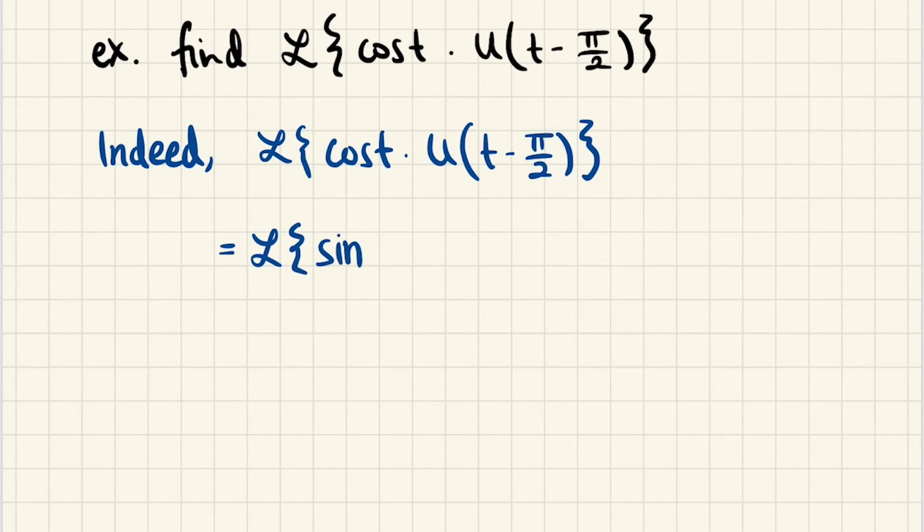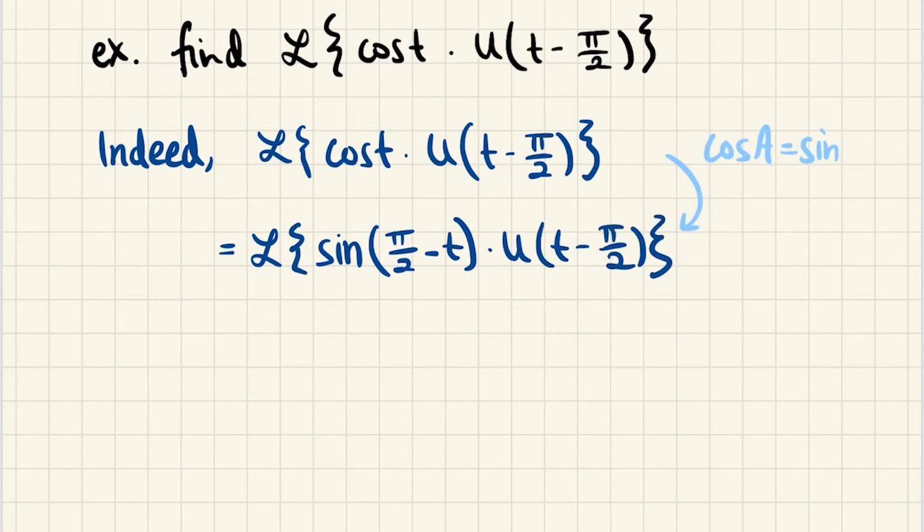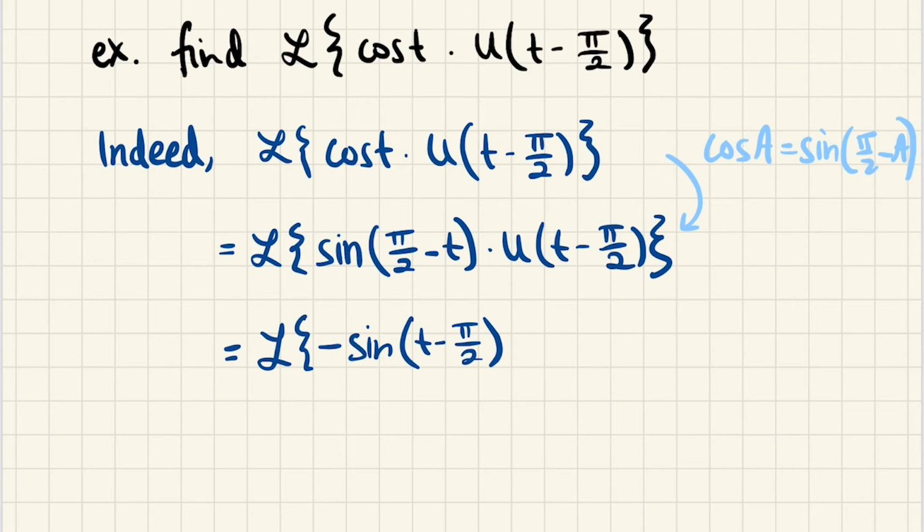So this is the cofunction identity in play here. And that's getting us a lot closer to where we need to be. But it's not quite perfect because again we're off by a negative within the sine function. But that's okay because we can just negate that and we have negative sine of now t minus pi over 2. This is taking advantage of the fact that sine is an odd function.